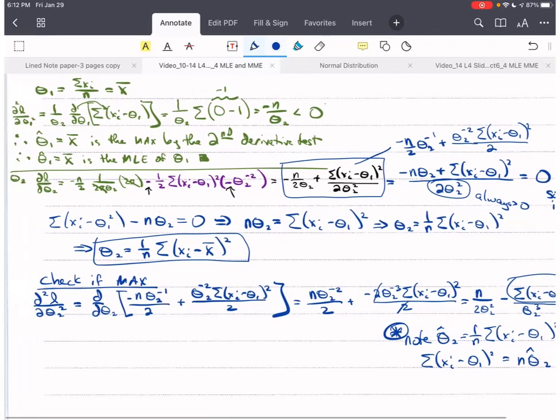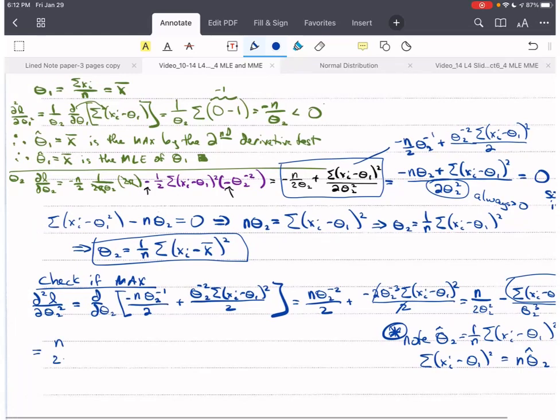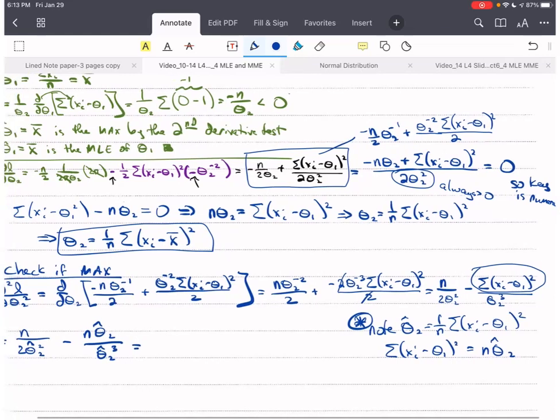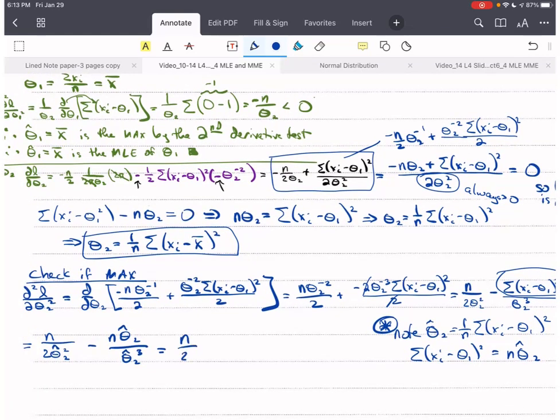Okay, so this is going to equal n times 2 θ2 hat squared minus n θ2 hat over θ2 hat cubed, which is equal to n over 2 θ2 hat squared minus n over θ2 hat squared, because this and one of these cancel.